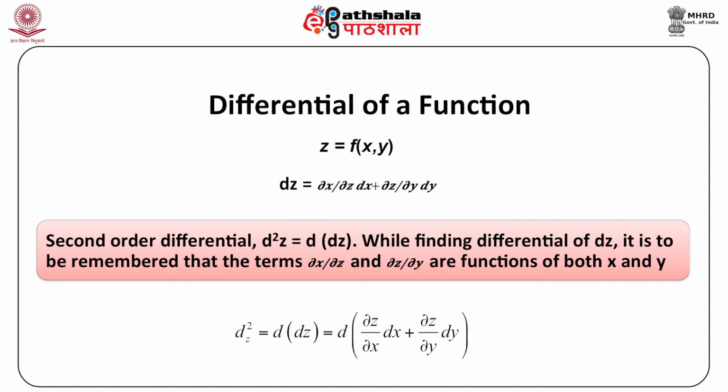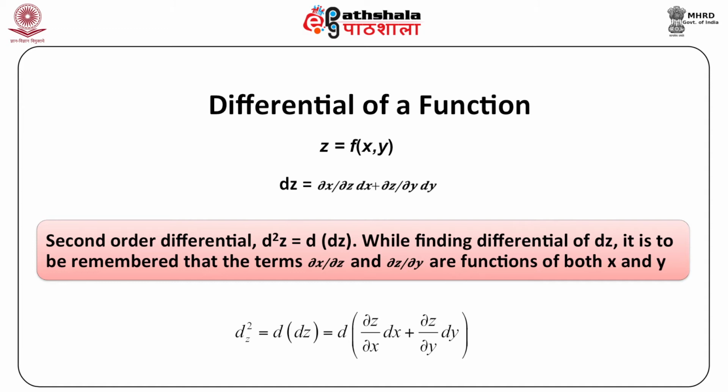The second order differential d squared z is equal to d of dz. While finding the differential of dz, it is to be remembered that the terms del z by del x and del z by del y are functions of both x and y.